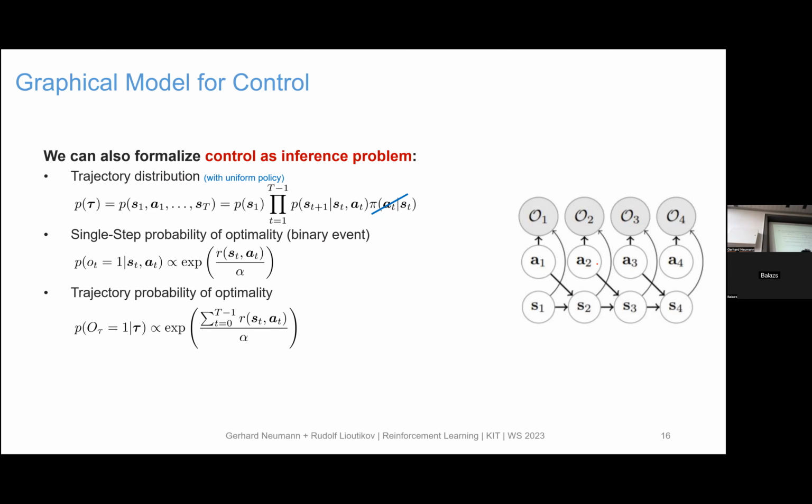In addition, we have one more variable here, which we call the optimality event. It's a little bit artificially defined. It's an event of being optimal, binary. You're either optimal or not.